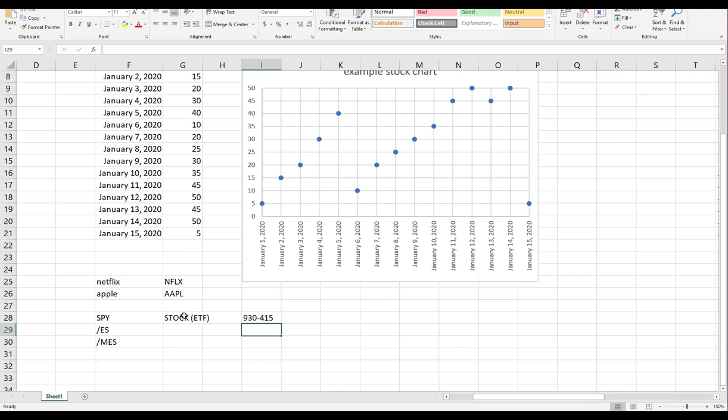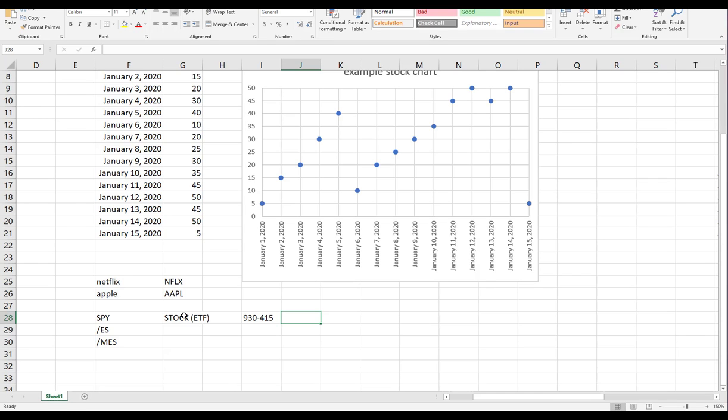Futures are open from, let's see. So this is like Monday morning. I'm sorry, going back to SPY. The stocks open Monday morning at 9:30, close Monday evening at 4:15, open Tuesday morning at 9:30, close Tuesday evening at 4:15.